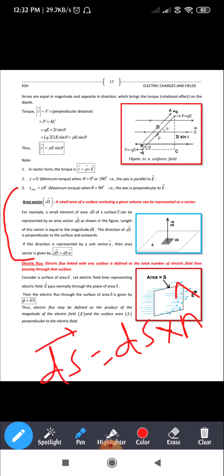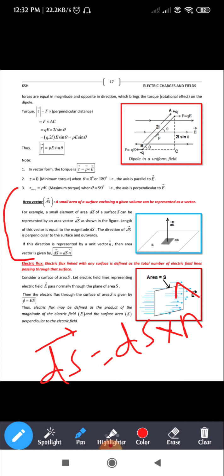Whenever you take a surface element, the area vector of that will always be perpendicular to the surface. Fine, this is regarding the area vector.